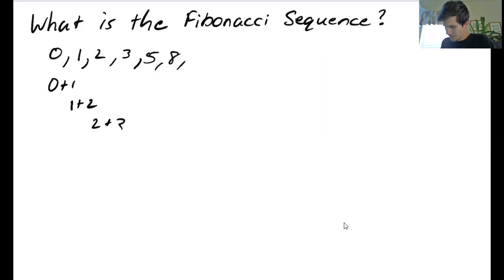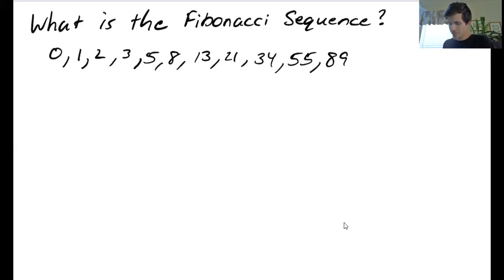That would be 8, then 13, 8 plus 13 would be 21, 13 plus 21 would be 34, 21 plus 34 would be 55, 34 plus 55 would be 89. So that's basically the sequence, and the sequence goes on forever.